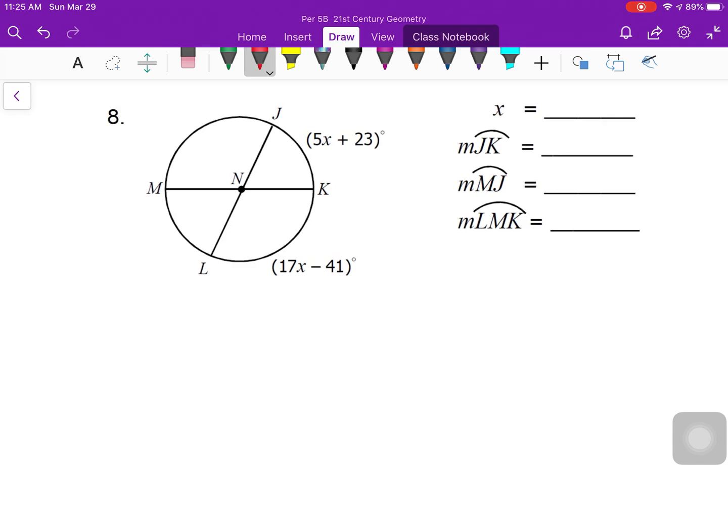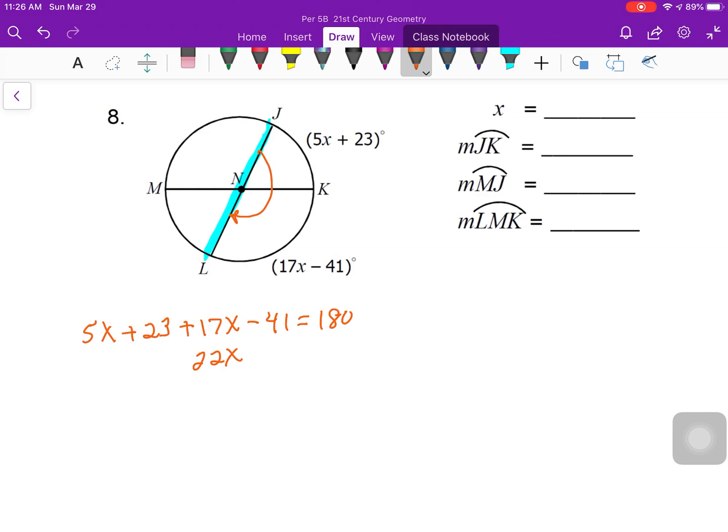Okay, a couple more here. Actually, 3 more. So let's see what we have. Well, looks like we have a diameter. And since we have a diameter, we know that this whole thing here is 180. So the 5x plus 23 plus the 17x minus 41 will equal 180.